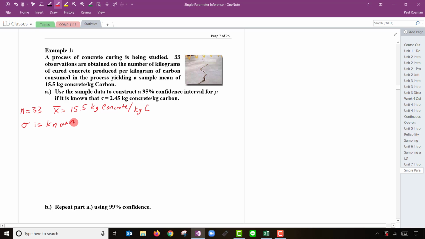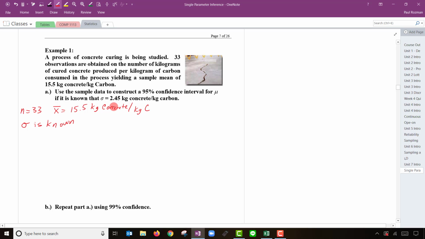Remember when we were doing the central limit theorem, we said when sigma is known, we would tend to use the z distribution, and when sigma was unknown, we would have to modify things a little bit and use the t distribution. That's coming in the next example. But for now, let's imagine we have a situation where we do know sigma.